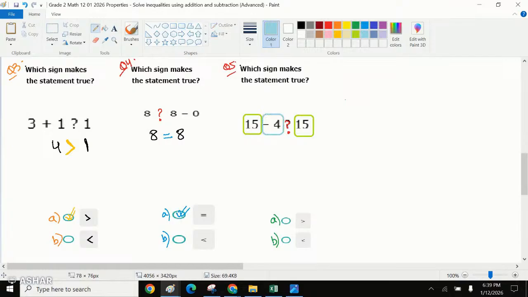Something is being subtracted. That means it will not stay as 15 anymore. It will become a smaller number than 15, right? So if there was no minus 4, then 15 would be equal to 15. But since we are subtracting something from 15, it becomes a smaller number than 15. That becomes 11. Thank you so much for the answer. That means option B, which you gave as the answer, is the correct answer, right? That means 11 is less than 15.